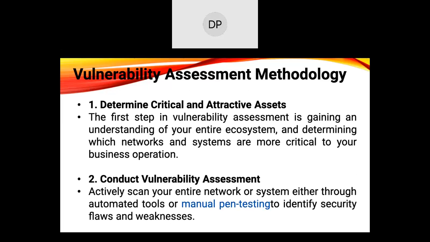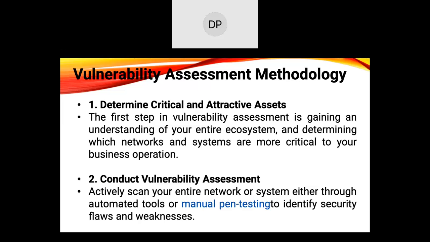First phase is determine critical and attractive assets. The first step in vulnerability assessment is gaining an understanding of your entire ecosystem and determining which networks and systems are more critical to your business operation.